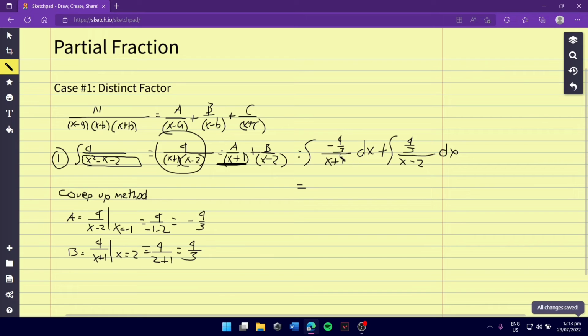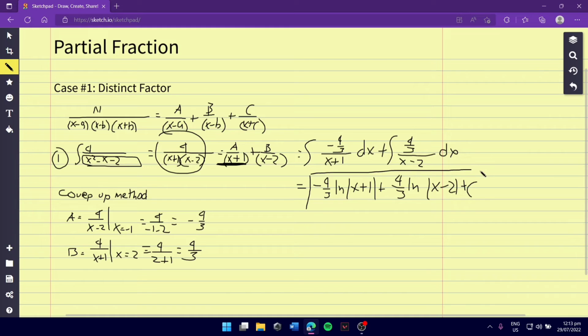The integral of the first term will become -4 thirds ln of the absolute value of x plus 1. And then the integral of this term will become 4 thirds ln of x minus 2, and then your arbitrary constant, which is c. So this is now your final answer using the cover up method.